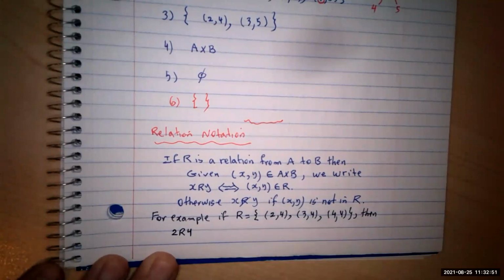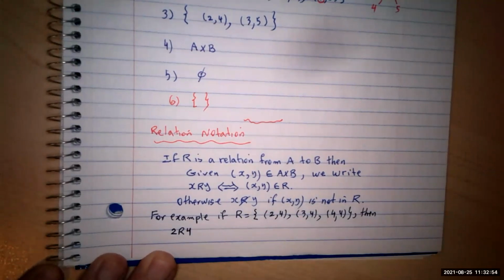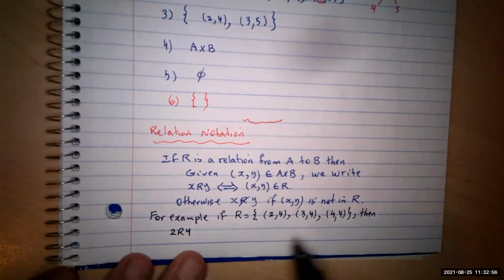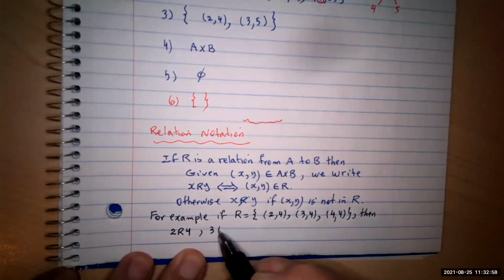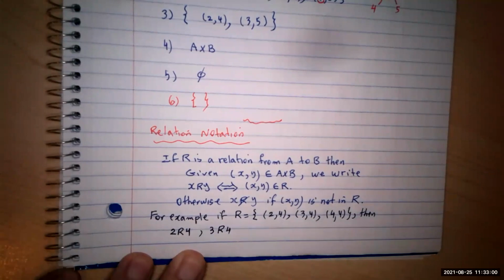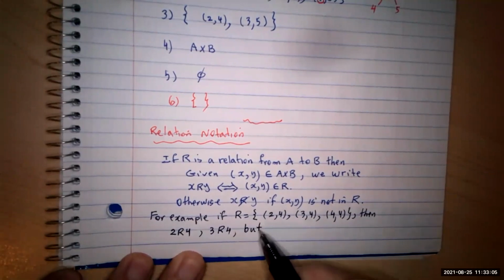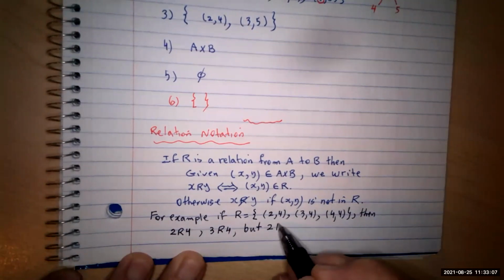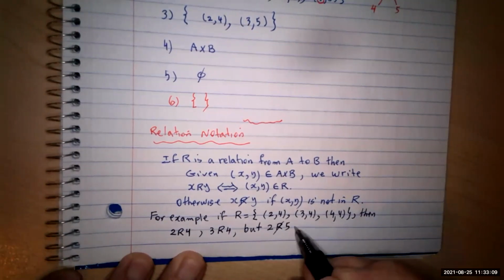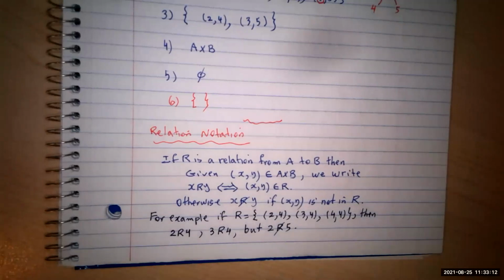So when you write 2 is related to 4, this means the ordered pair 2, 4 is in your relation. Or you can say that 3 is related to 4. But 2 is not related to 5, for example. So make sure you understand how we're going to read these types of notations. Okay, any question? We get back to this notation again when we get to chapter 8.